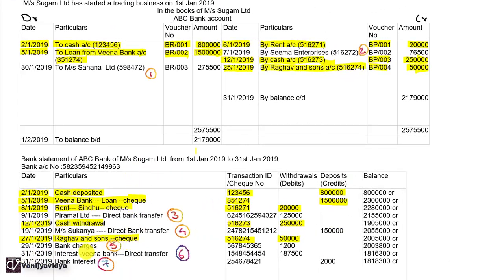5. 29 Jan 2019 bank charges. So we have a transaction ID and 1,200. So there are certain bank charges which are debited in the bank statement but same are not recorded in the bank account as per books. Now what has happened is, because of this bank charges, the balance in the bank statement has reduced by 1,200.